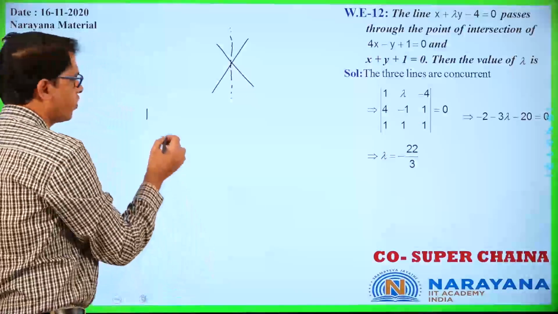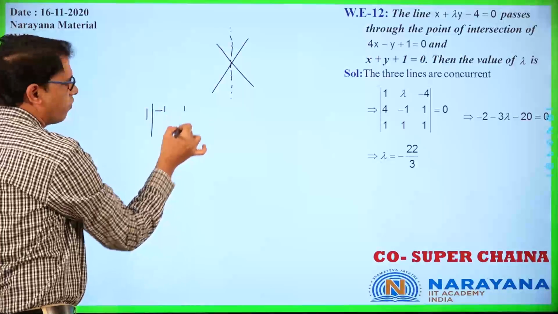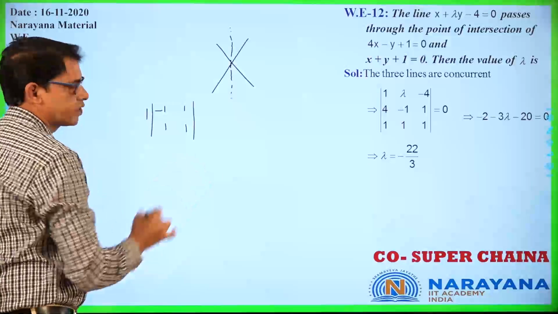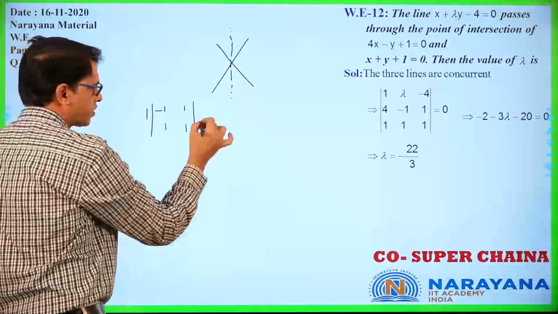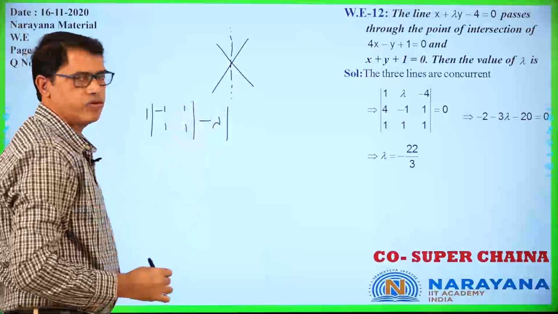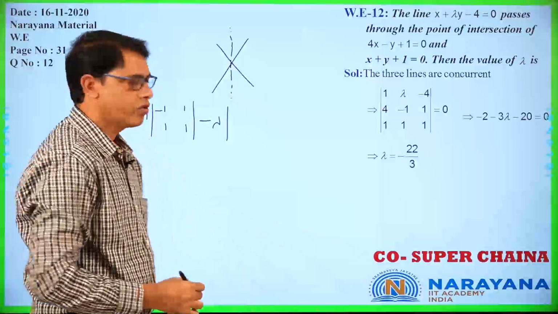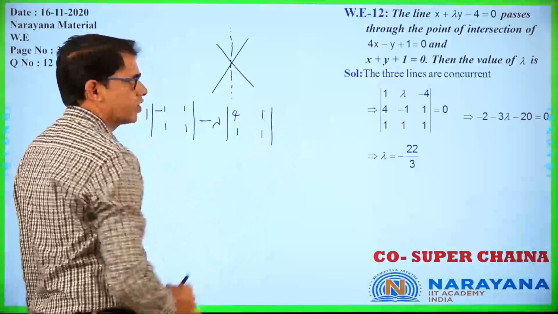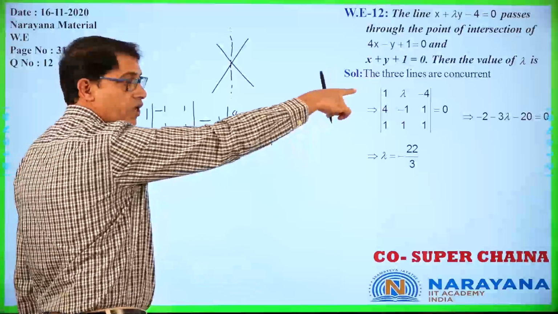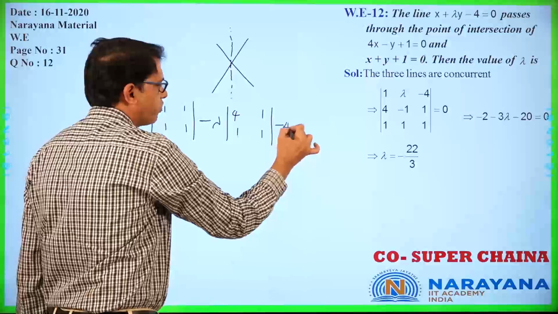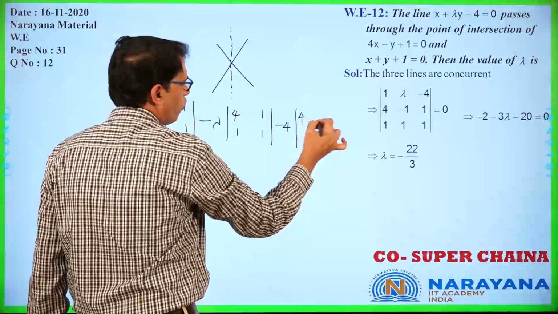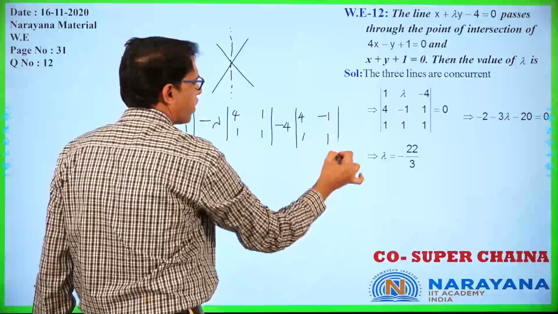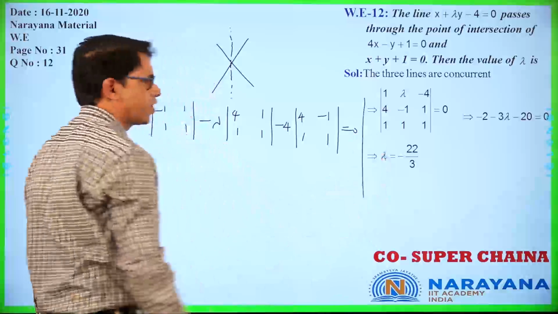So the determinant of the 2 by 2, minus 1, 1, 1, 1. Next for the second one, minus lambda into the determinant of the remaining 4, 1, 1, 1. Then plus minus 4 into the determinant of 4, minus 1, 1, 1, equals 0.